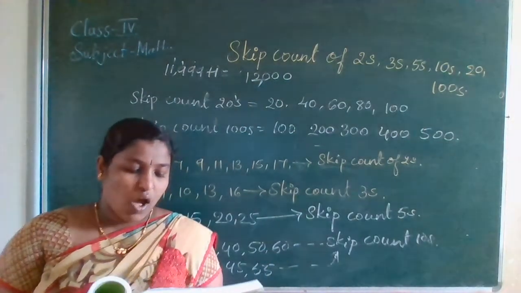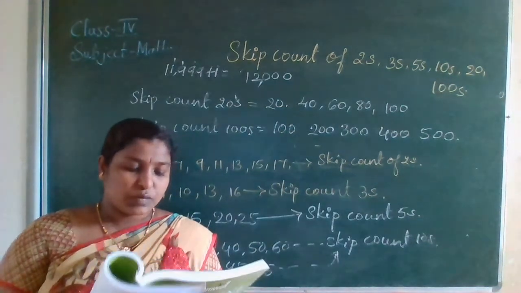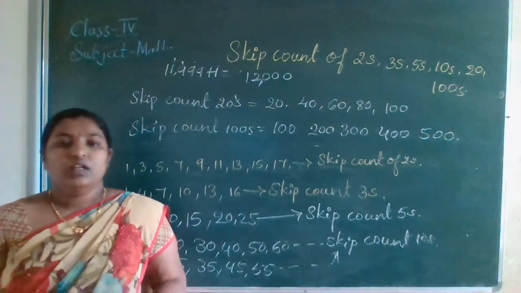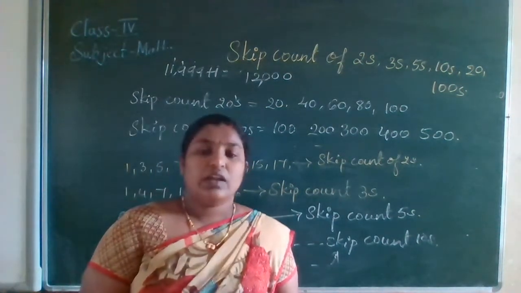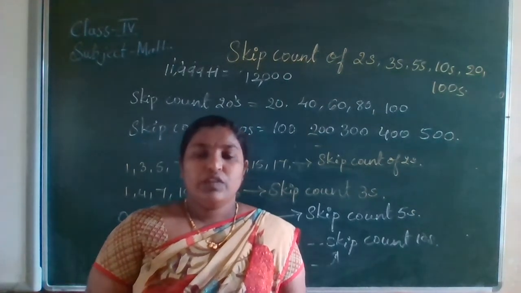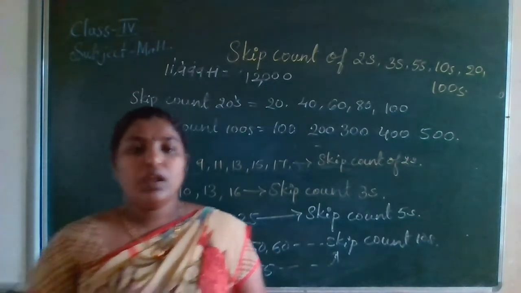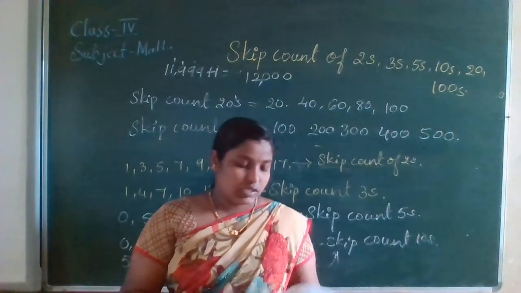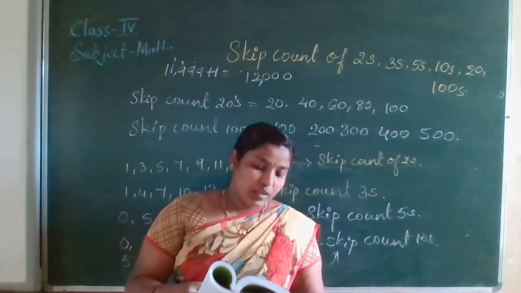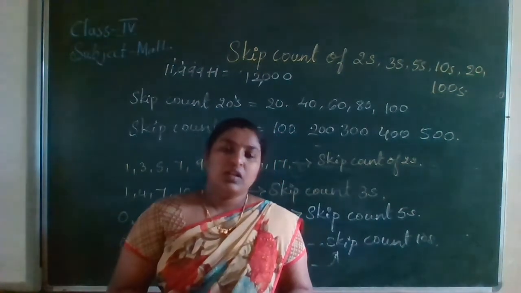Next, check it. How do we obtain the successor of a number? We will add. If we add 1 to the given number, we will get the successor. How do we obtain the predecessor of a number?